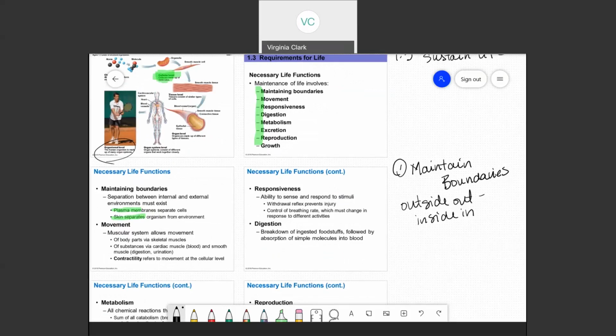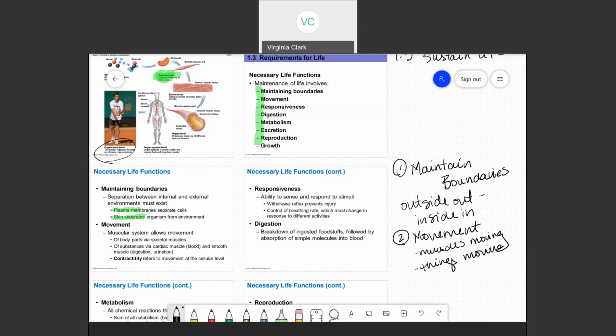Another thing that's necessary to maintain life is movement. From an A&P perspective, we are not stationary creatures. We need to be able to move. Not only does our body need to be able to move, with the muscular system moving our body, but inside our body we also have things moving inside our organs.